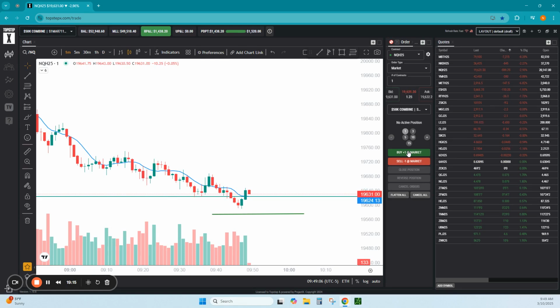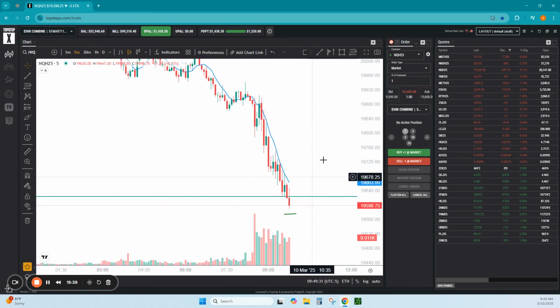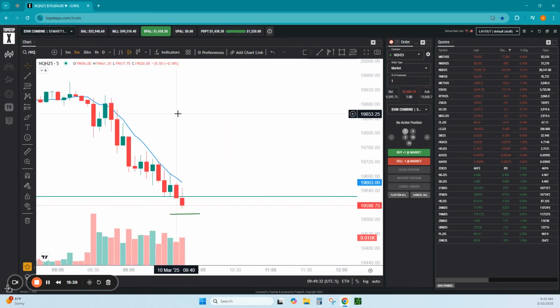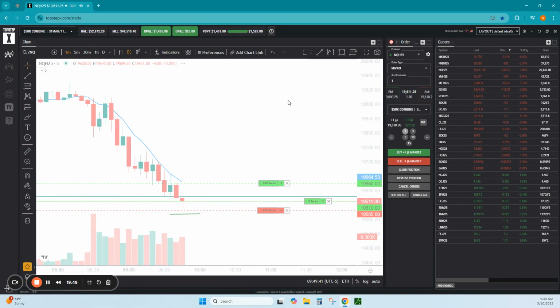Pretty strong close above the 8. But every time thus far that's happened, price has continued lower. Except this time we have this fib level, so I think that's quite interesting. Let's go into a bit of a higher time frame, 5 minutes. There's my entry.